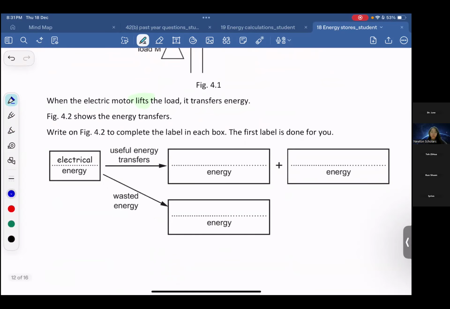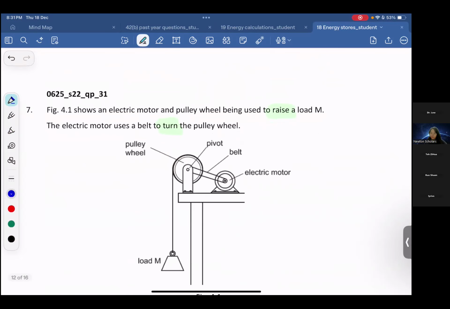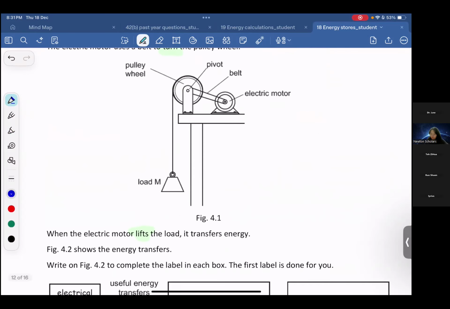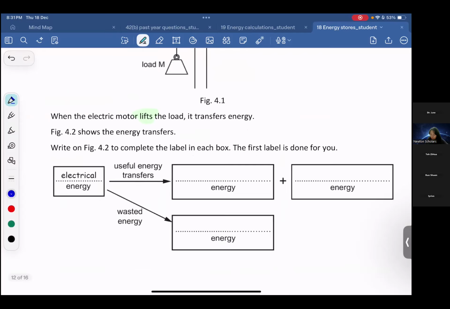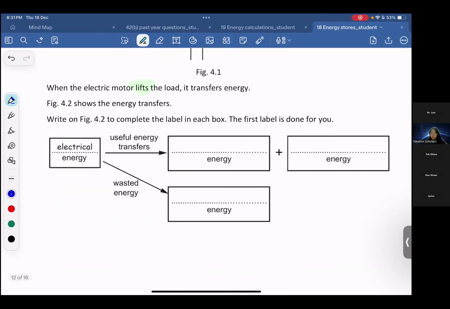It's not chemical because we are not using a battery. We are using electricity, we switch on electricity. It's not a battery motor, it's not using a battery to trigger the motor to work. No, it's electrical energy. Here they tell you that this part is the useful energy transfer. What is the useful energy here? We got two forms. Can you tell me?